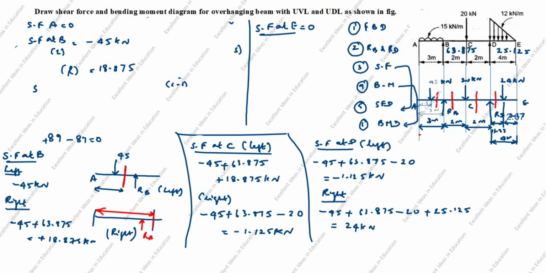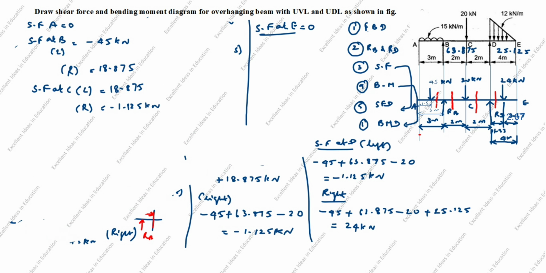Next, shear force at C, left side is 18.875 kilonewton. Right side is minus 1.125 kilonewton. Shear force at D, left side is minus 1.125 kilonewton. Right side is 24 kilonewton. Shear force at E is equal to 0.